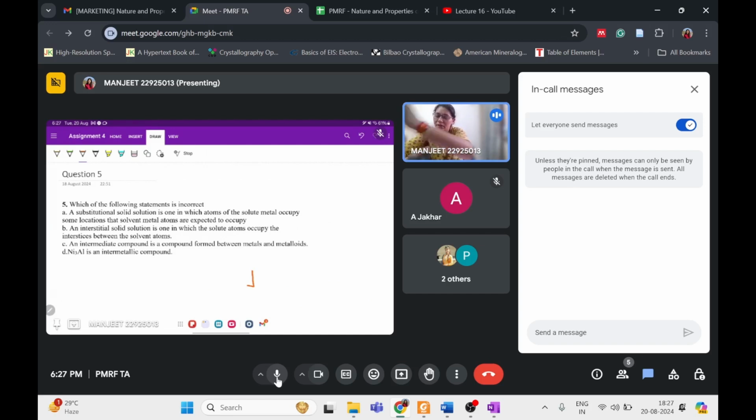Just read this and find out which is the correct one.